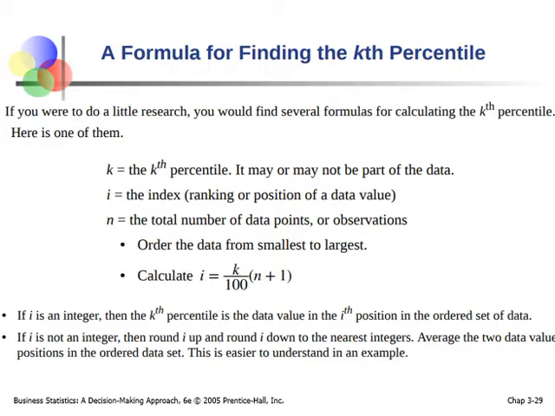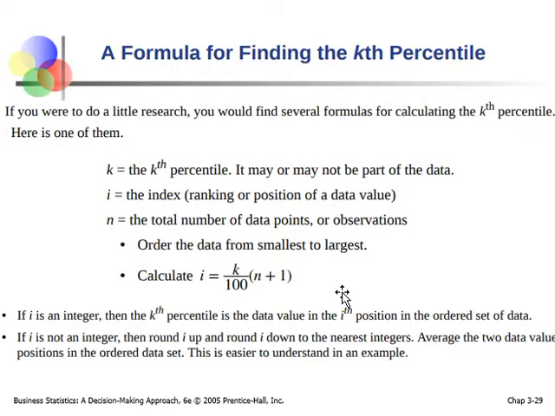And then the index i is the location, the ranking or position of the data value. And then the n is your total number of data or observations. If i is an integer, then the kth percentile is the data value in the ith position in the ordered data set.